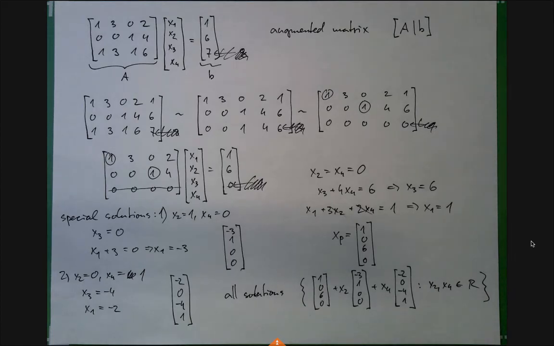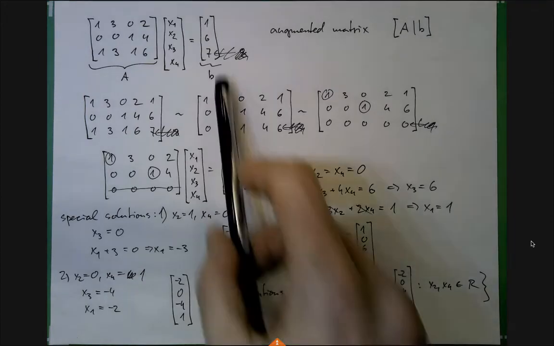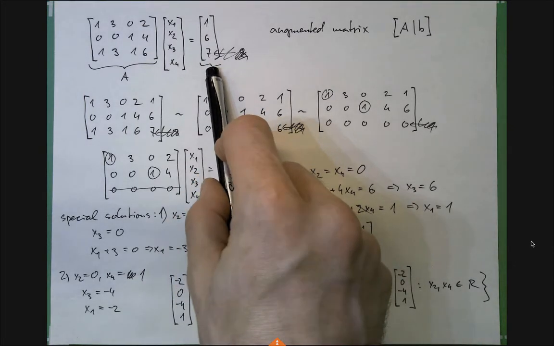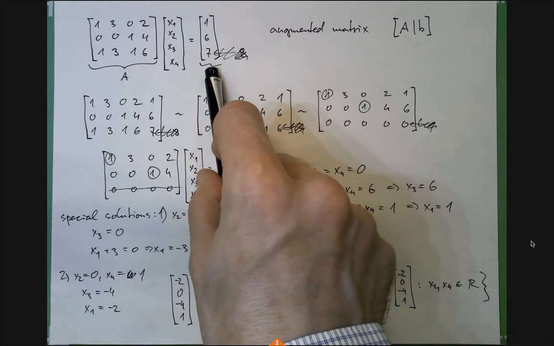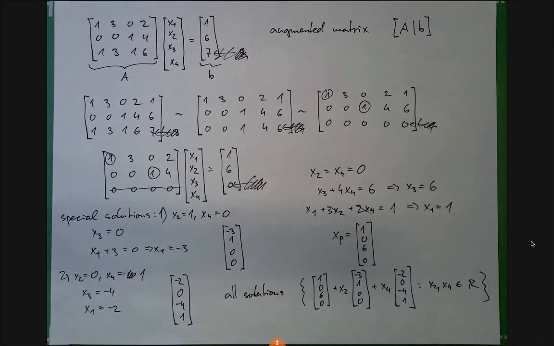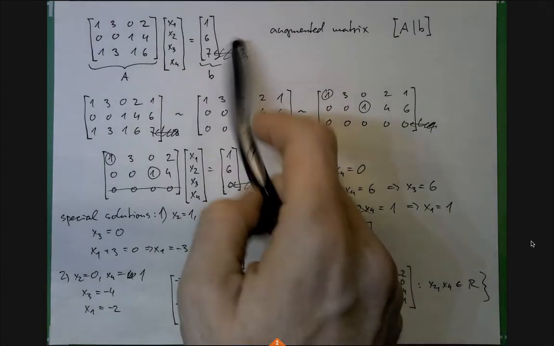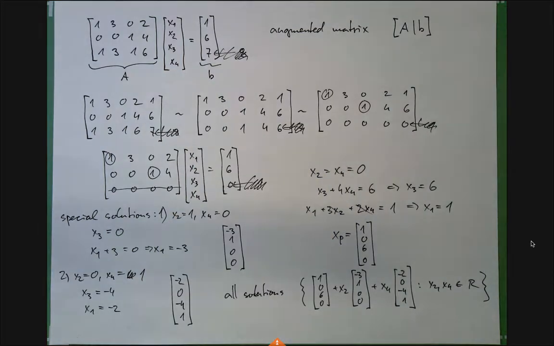To find the particular solution, do you just always set your free variables to zero? Yes, I can always do that, because my right-hand side is non-zero, right? But if my right-hand side is 0, I don't have to be finding any particular solution. I already know that the trivial solution is the particular solution. So indeed, this is just to deal with the case if your right-hand side is non-zero, which is generally the case, right?